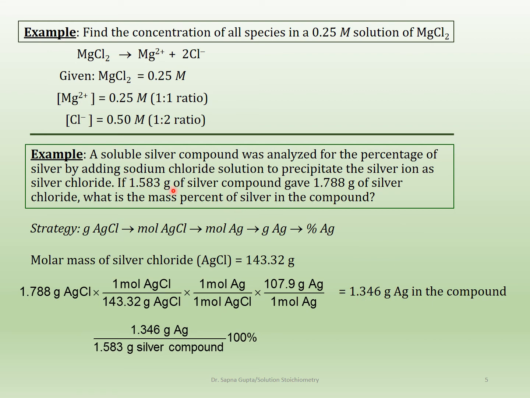If it is more than that, then obviously you did something wrong. So that's a quick check to see if your answer is correct or not. So the mass percent then is the amount of silver that you calculated over the mass of the original compound, and it gives you the mass percent of silver.